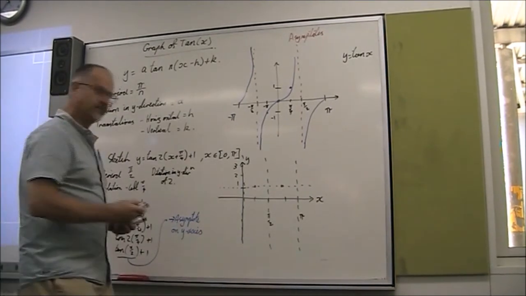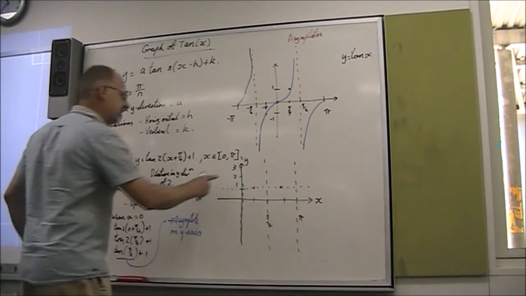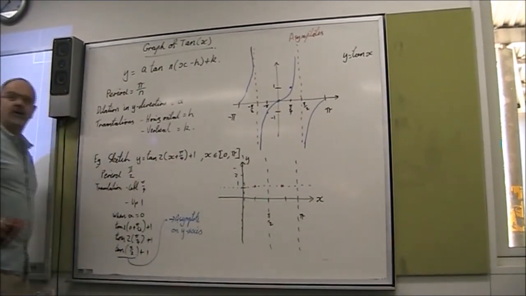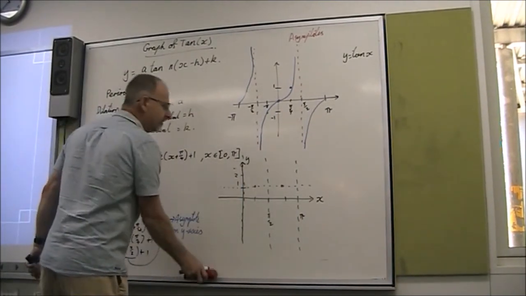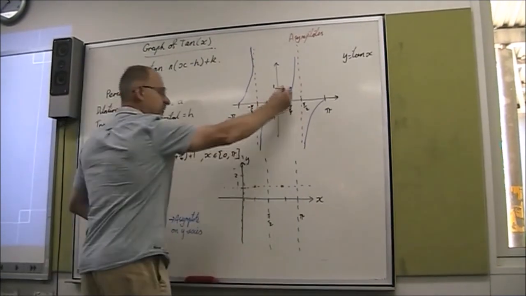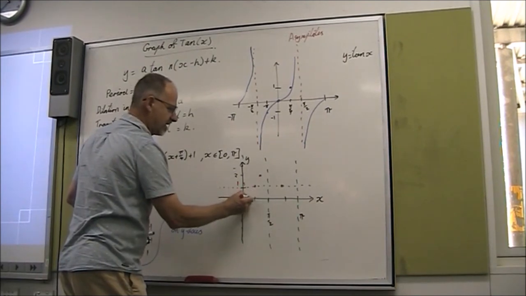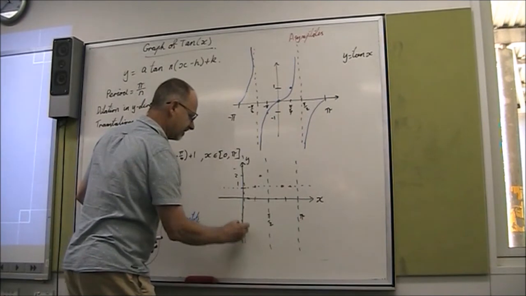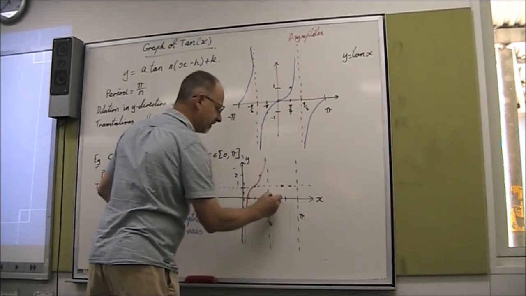Wait, why is there... Oh, no, sorry, my bad. Oh, there's no dilation. What am I talking about? Lucky I've got you here, Toby. So if there was a dilation, yeah, we would have to, but there's no dilation, so it's one up here, over this way it's one below, one above, and so we get something like this.